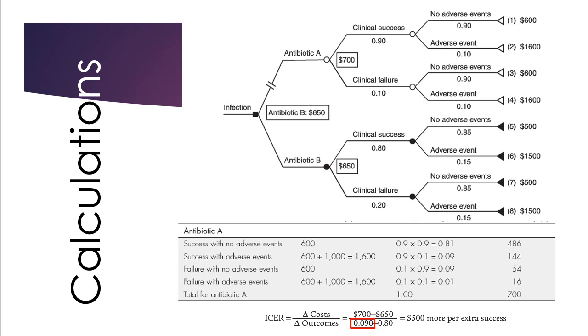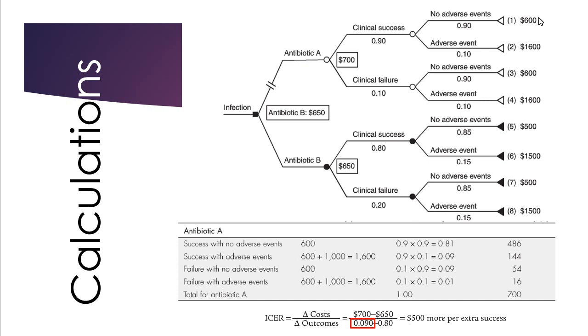Right, so how to use all of this data, and the purpose of presenting these decision analyses in a graphical form is fundamentally you want to make a choice between either utilizing antibiotic A or antibiotic B, right? That's the purpose of pharmacoeconomics.